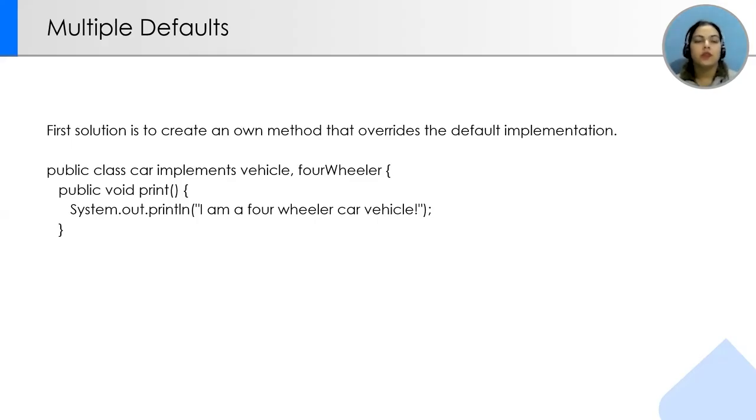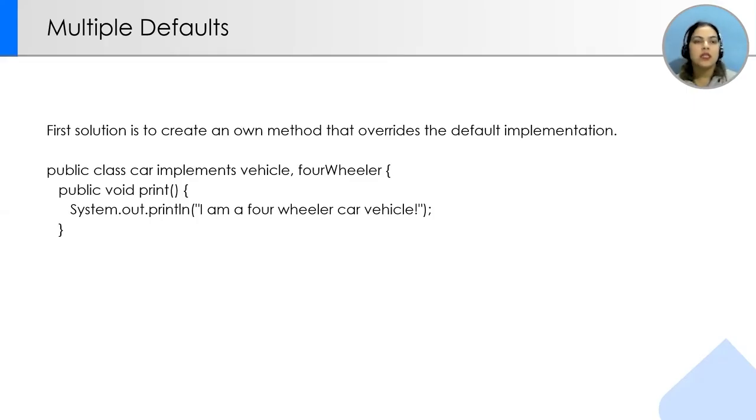And what is the execution of this void print method? There is a statement that has to be printed, and the statement is "I am a four-wheeler car vehicle." So this statement will override the default methods of the vehicle interface as well as the four-wheeler interface.